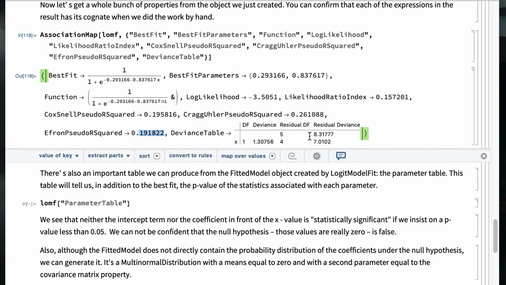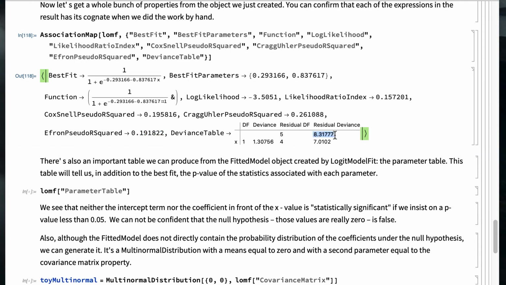The deviance table is asking, okay, what is twice the log likelihood if I use nothing in my model? And remember we got that number 4.15 something? Well, if you double it, you're going to get this 8.317 number. So this residual deviance is closely related to the null log likelihood.